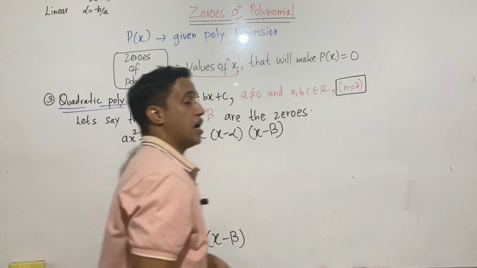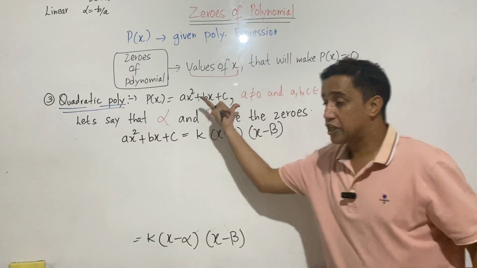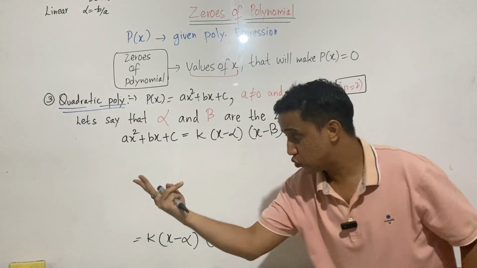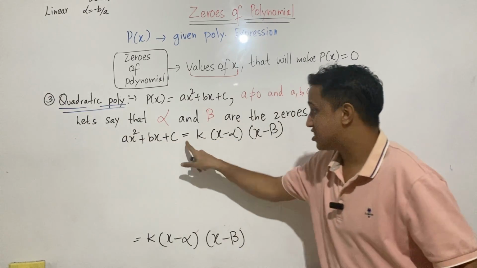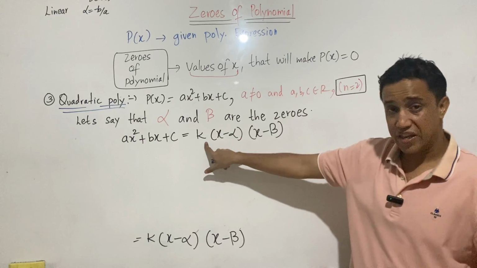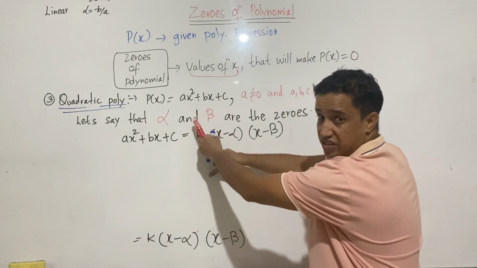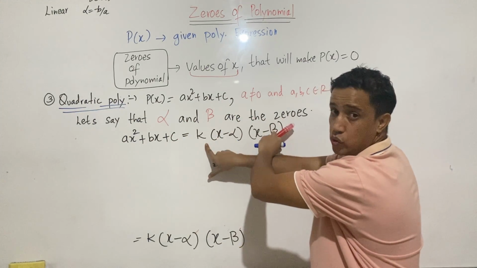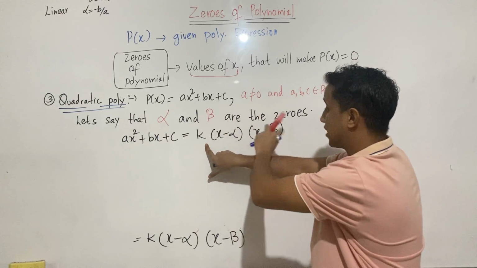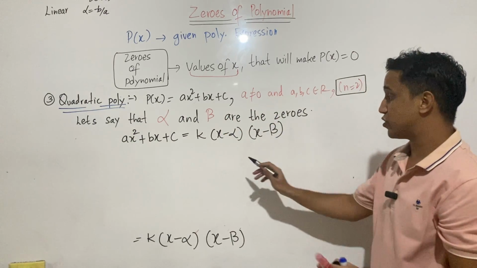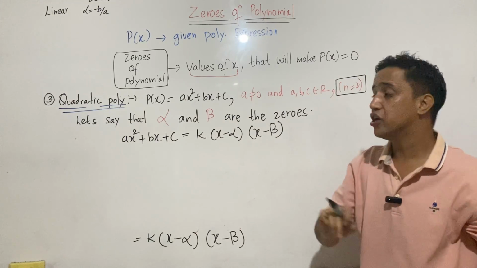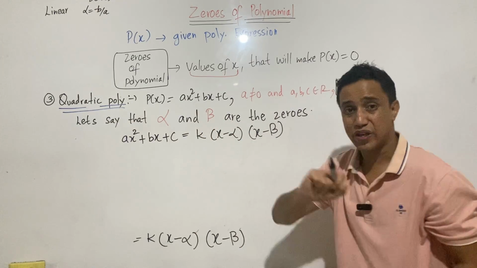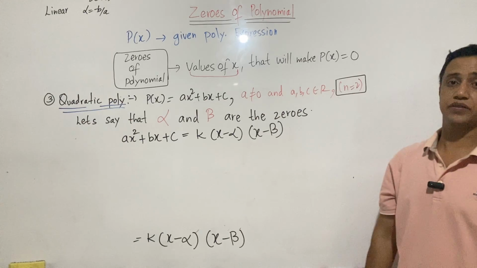Why? Because this is a quadratic polynomial, it's going to have two zeros, so I said this whole equation is equal to k multiplied by x minus alpha, x minus beta, because sometimes you have to take something common out, so this k represents the constant part.